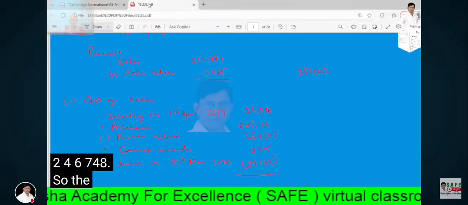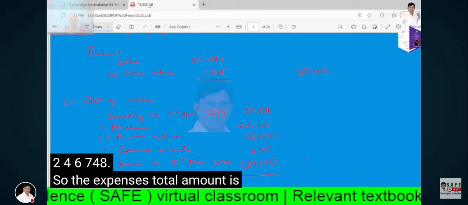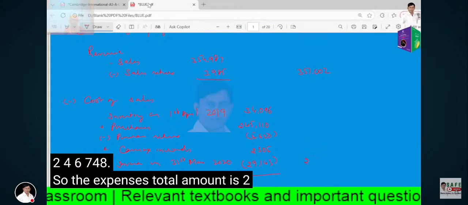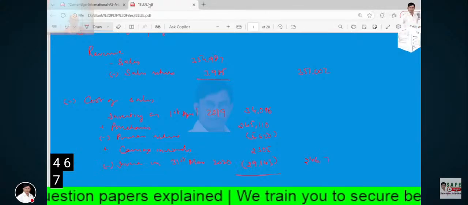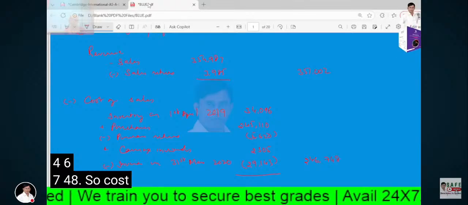So the expenses total amount is 246,748.